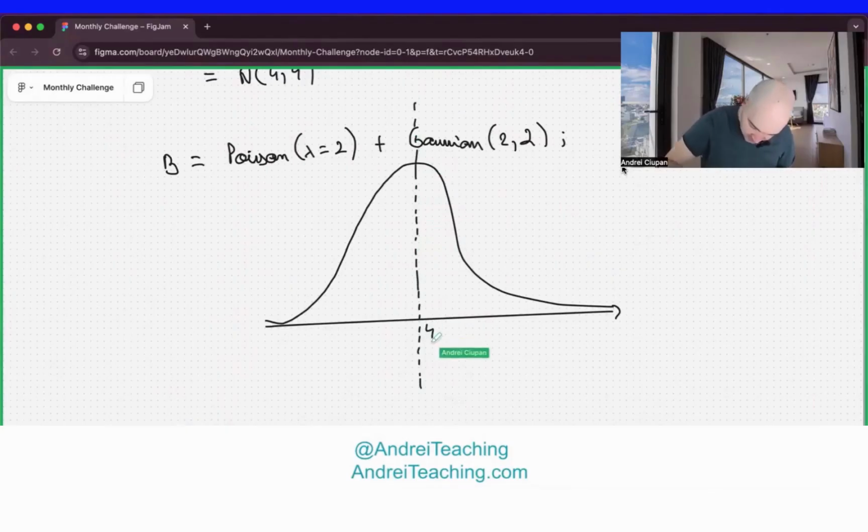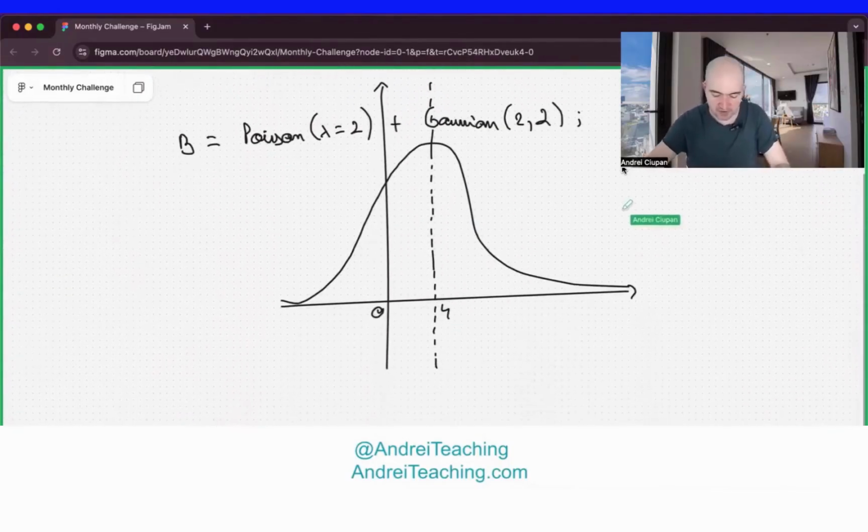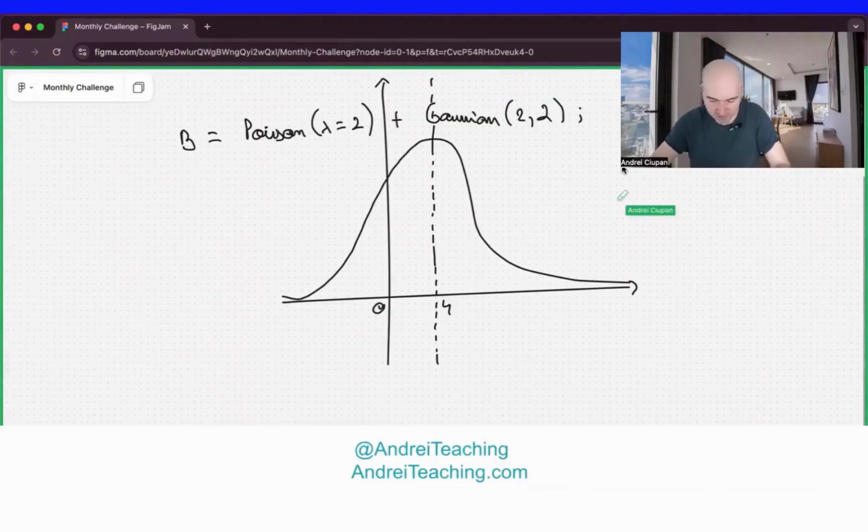So this is 4. Actually, 0 is here. The one important thing that we need to know about the random variable A is that it's symmetric around 4.